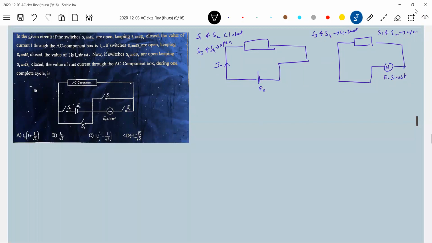So the next part is, now if switches S1 and S4 are open, I think now both the things will come. AC and DC both are there. E0. The value of I is I0 sine omega t.